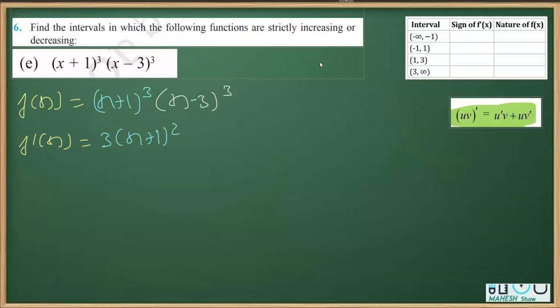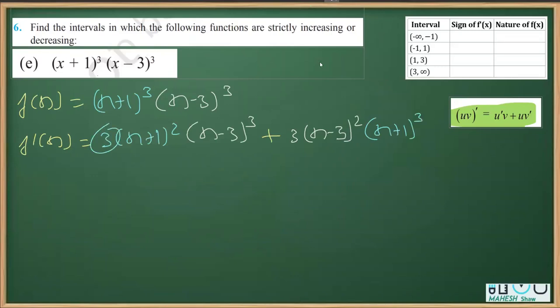U dash, then v, this being v, plus u v dash. So first I'm finding the derivative of this, which is 3(x minus 3) whole square, that is v dash, times u, and u being this.